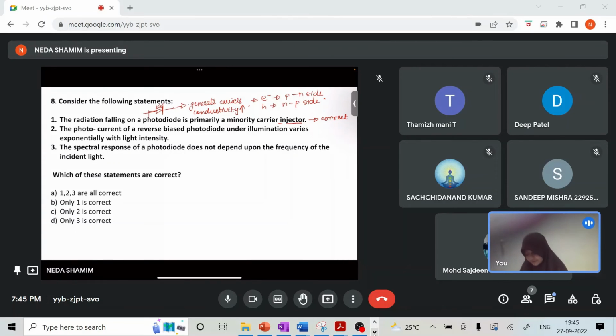That is, the photocurrent of a reverse bias photodiode under illumination varies exponentially with light intensity or not. So let's see about the photocurrent. We have already done this in the responsivity.